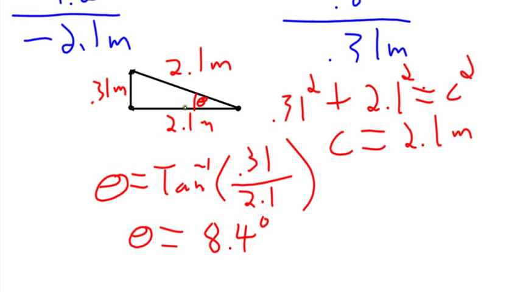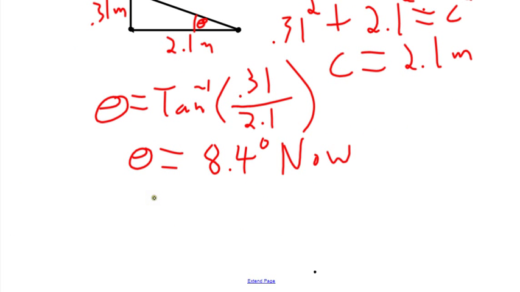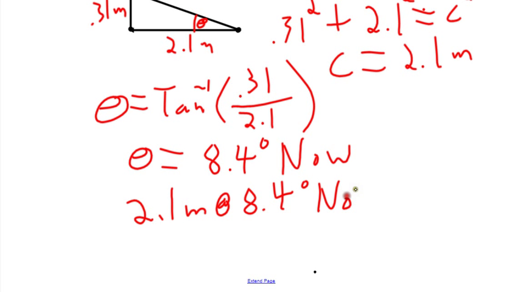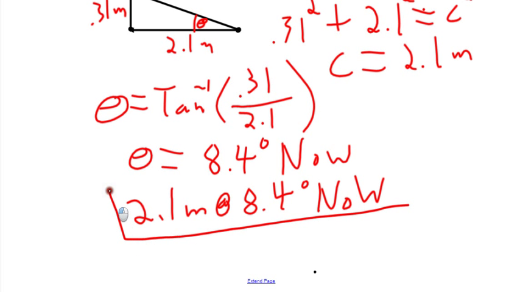And we've measured this from west going north, so this would be north of west. And so if we were to rewrite this out, what we would get would be 2.1 meters at 8.4 degrees north of west.